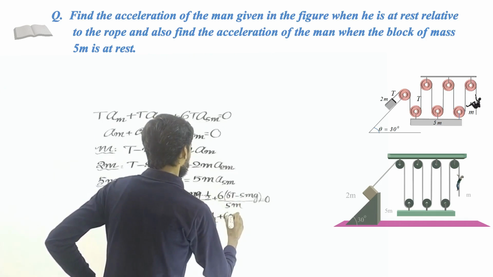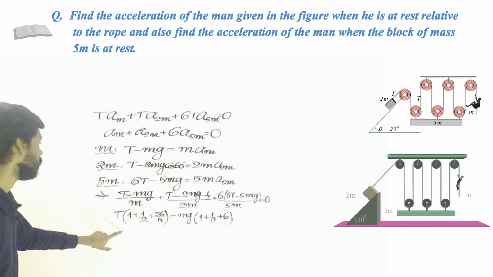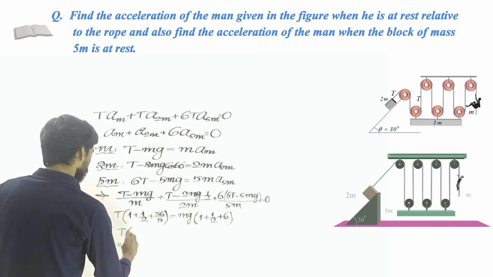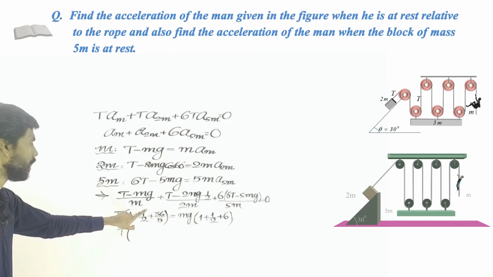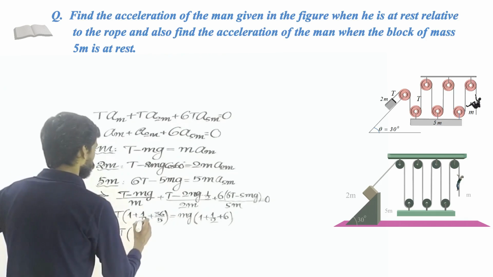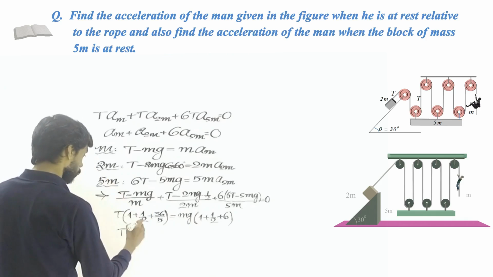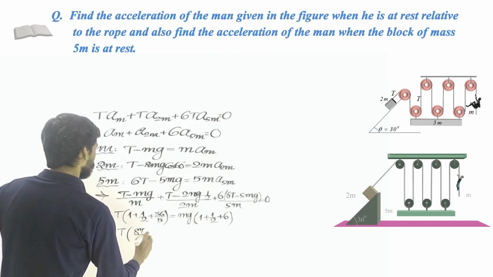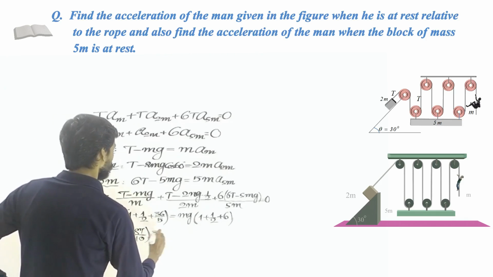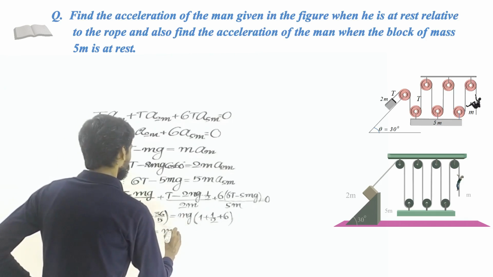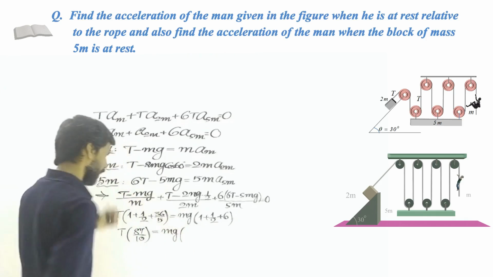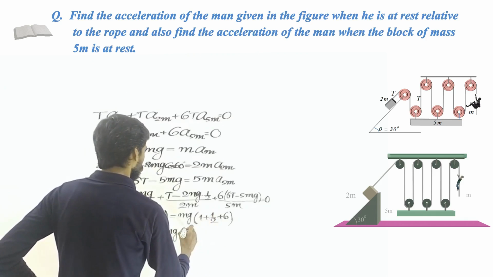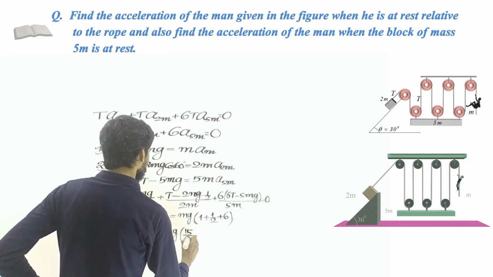So we simplify this: multiply by 10, so this is 10 plus 5, 15, plus 72, so it is 87. So 87 divided by 10 times T equals mg multiplied by 12 plus 1, 13 plus 2, so 15 divided by 2.